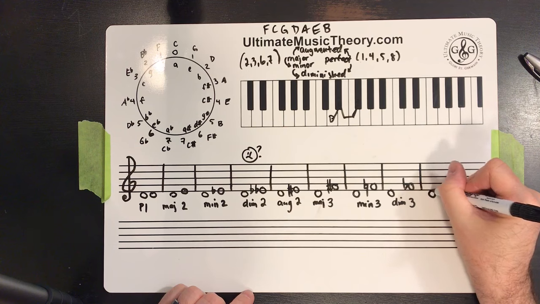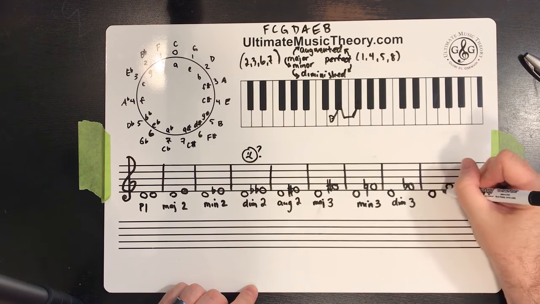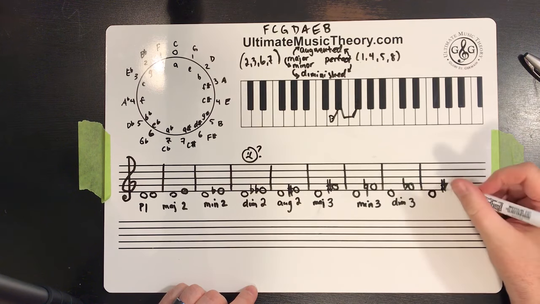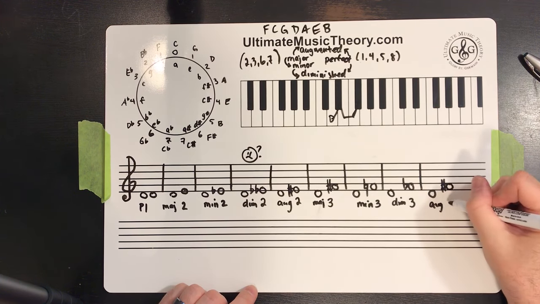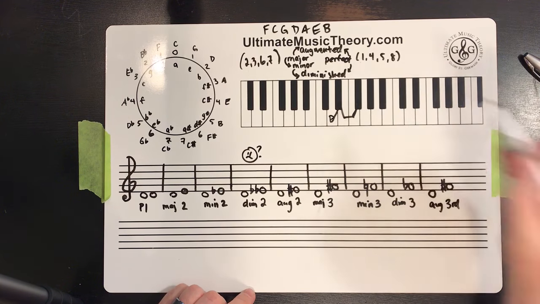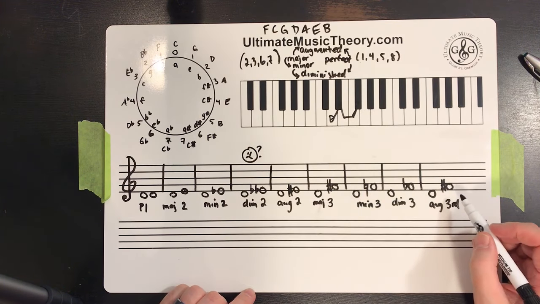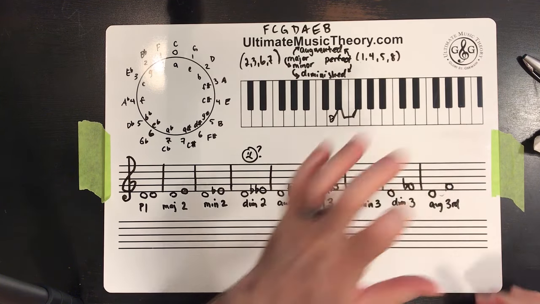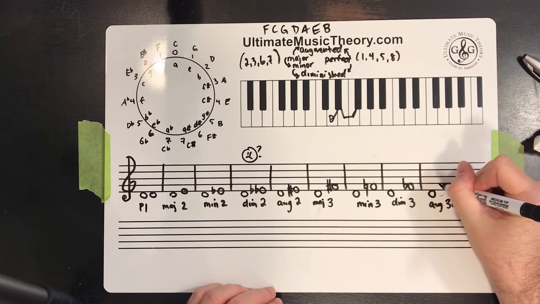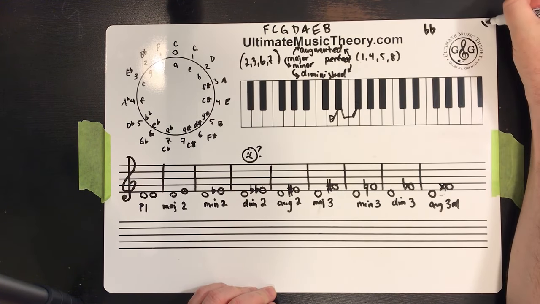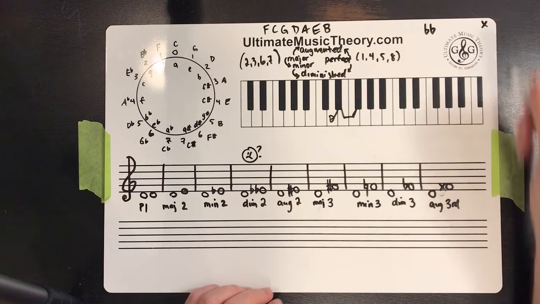And if we wanted to go to an augmented, you start with major. So here's our major. But if we're going to D sharp and we need to go higher than a sharp, then we need to use our double sharp. And our double sharp is an X. So here's a double flat, here's a double sharp.